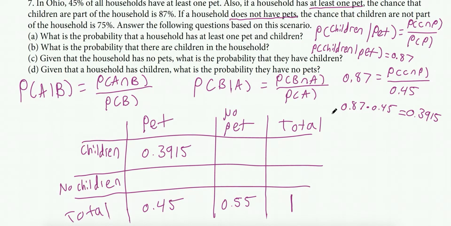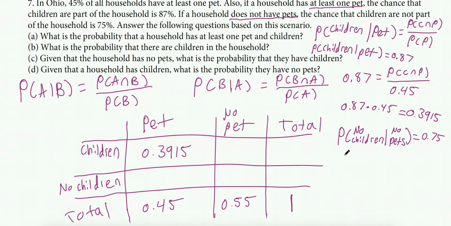Kind of like a double negative there. So the probability of no children, given that we have no pets, equals 75% or 0.75.